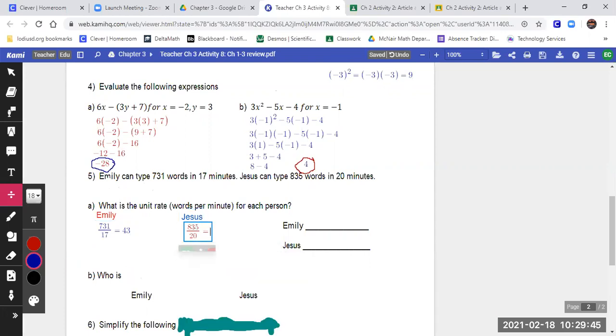Okay. Then we go do the 835 and we divide it by 20. And what do we get? Come on. What do we get, guys? Use your calculator.